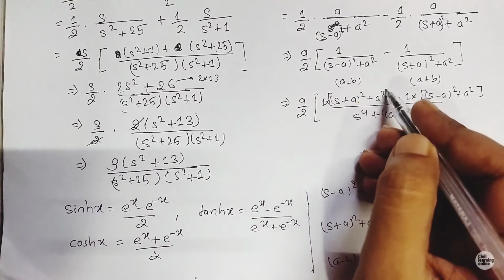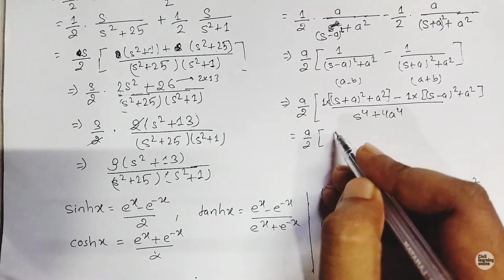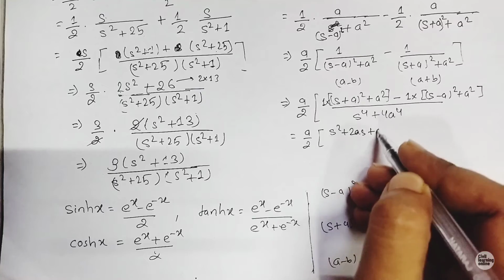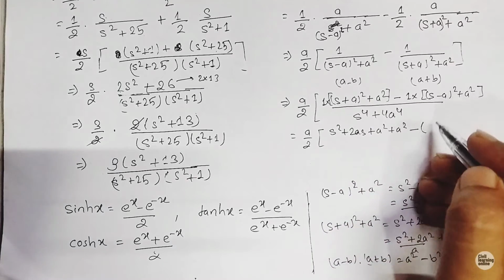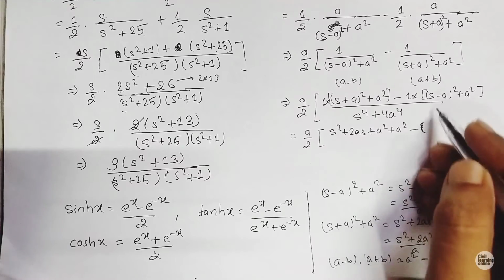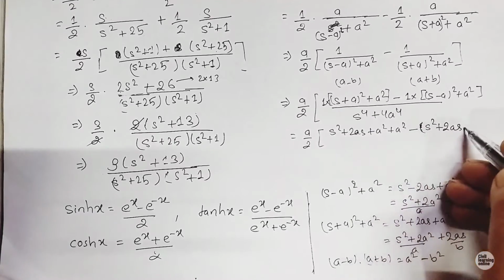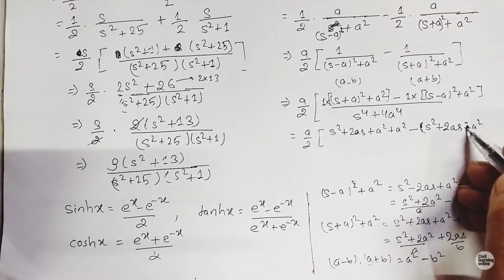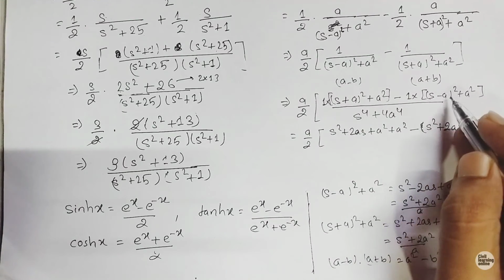Now we will need to do some calculations, that is (s plus a) square is s square plus 2as plus a square plus a square, minus, I am directly going to change the sign, s square minus 2as plus a square plus a square.